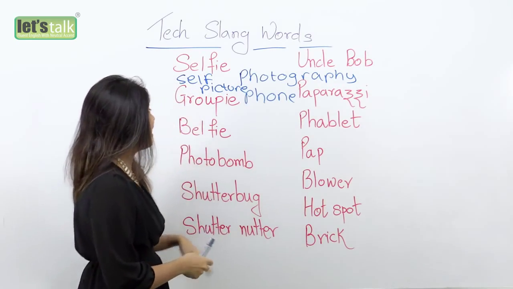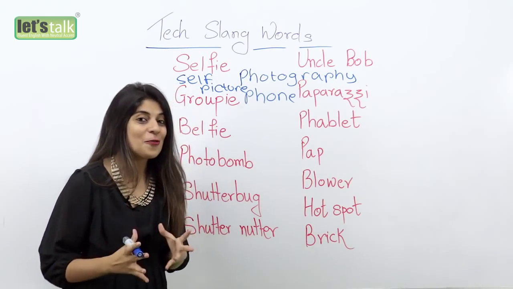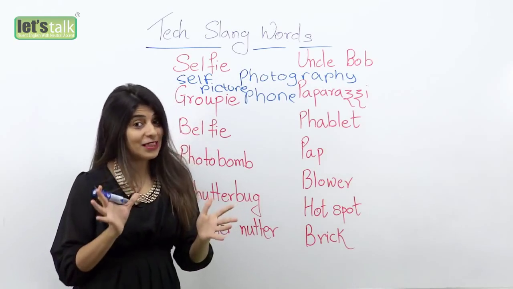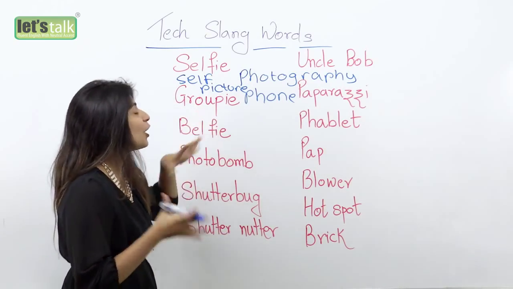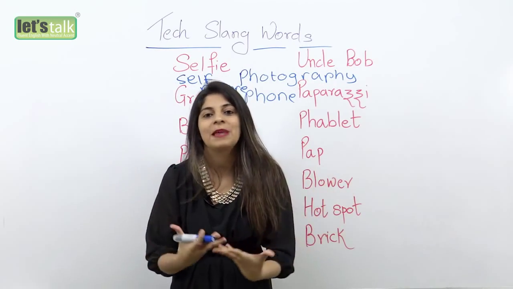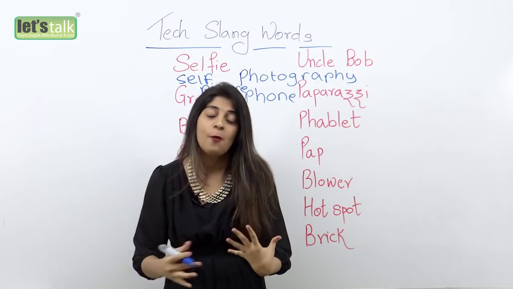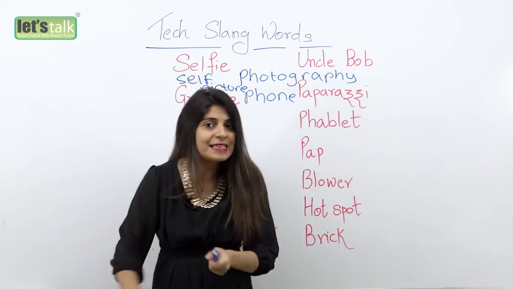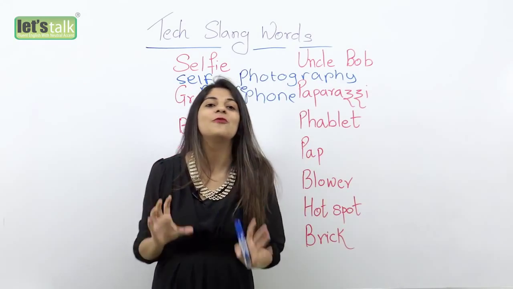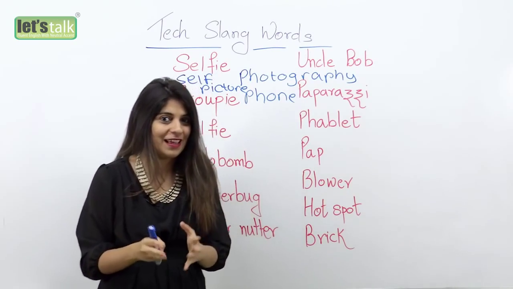Okay, then another word over here is groupie. Now, groupie is pretty much like a selfie. The only difference is that a groupie is taken by a couple of people. So basically by two or more members, wherein one of the members extends their arm and takes a picture so that all other group members are covered in the picture. Okay, so that's a groupie.